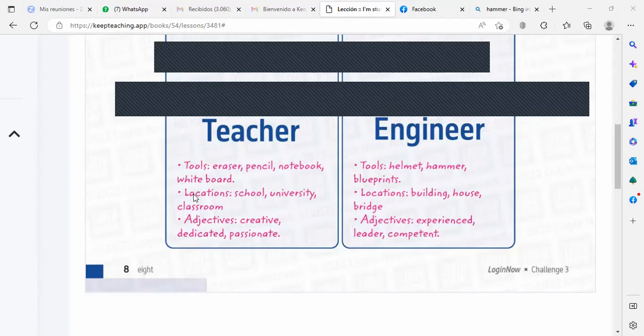Also, I need to get more knowledge in the English language because I use English every day.